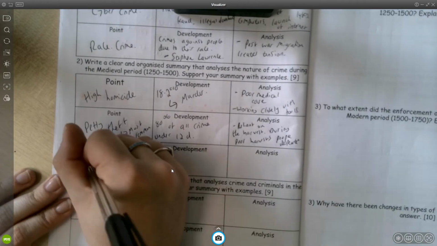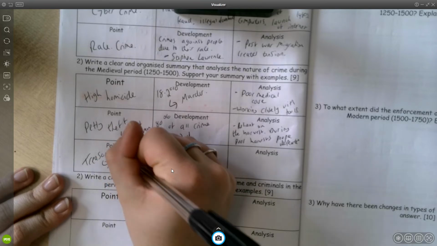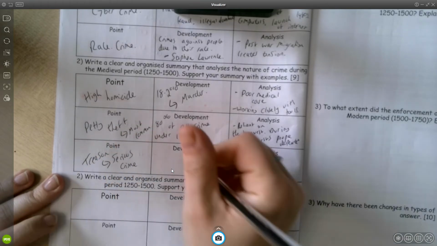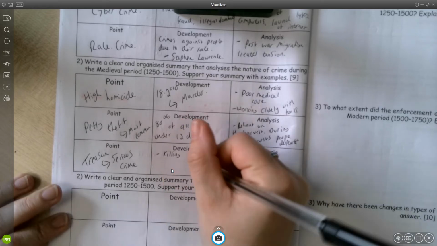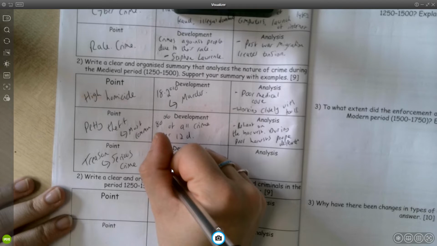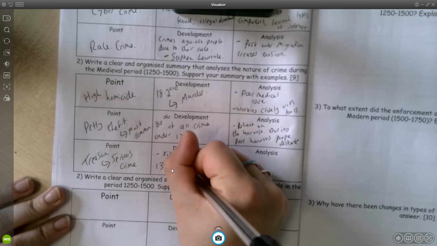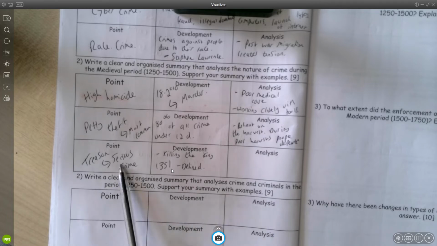Another point, treason is the most serious crime, and treason is the crime of plotting or actually killing the king. And this is clearly defined for the first time in 1351. The reason why treason's clearly defined in 1351 is what you want in your analysis.